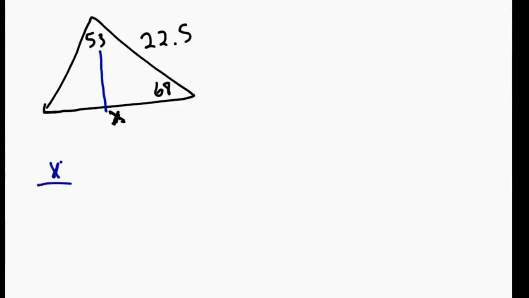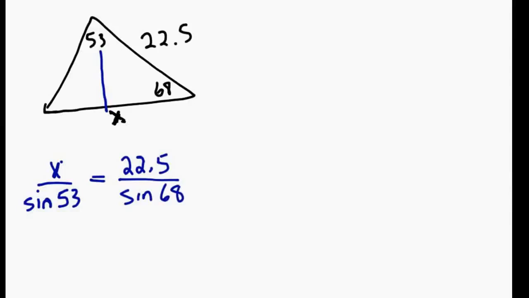So x divided by sine 53 will equal our 22.5, because that's our other side, divided by the sine of 68.